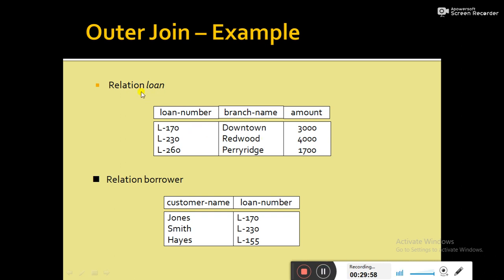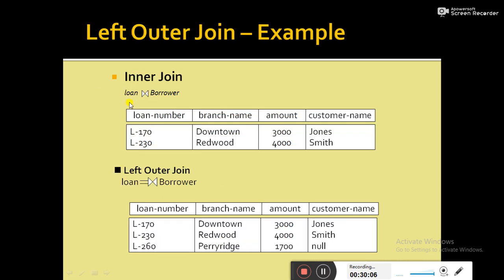Suppose this is the relation loan, with loan number, branch name, and amount, and the relation borrower, with customer name and loan number. If we do the normal inner join, which is the natural join, loan natural join borrower, what happens?